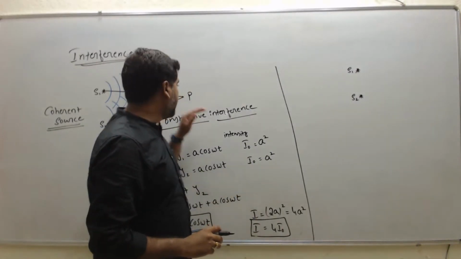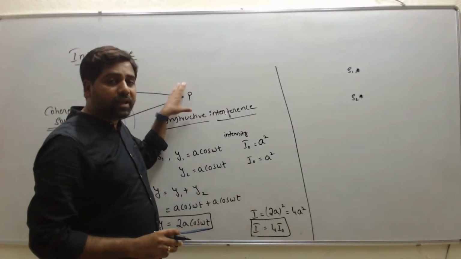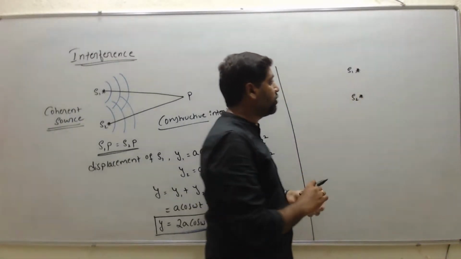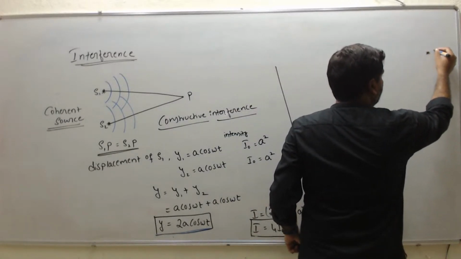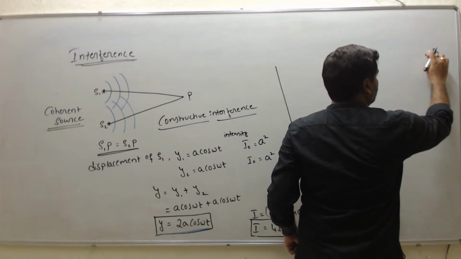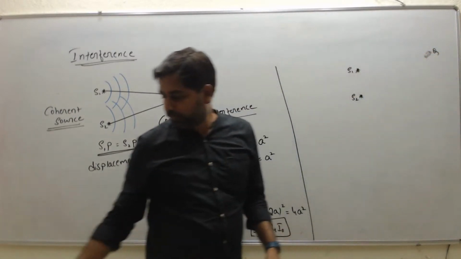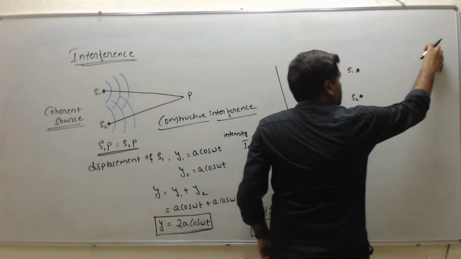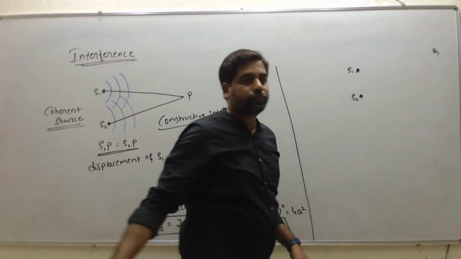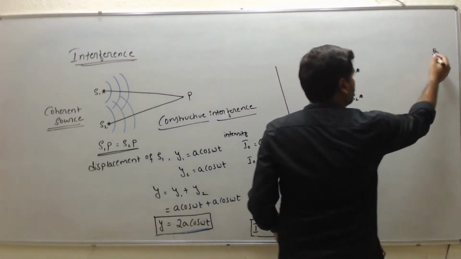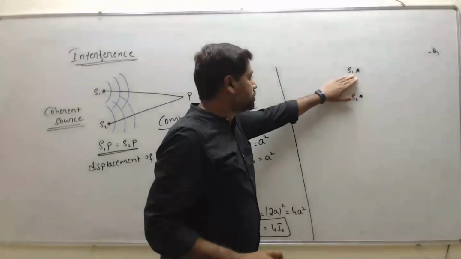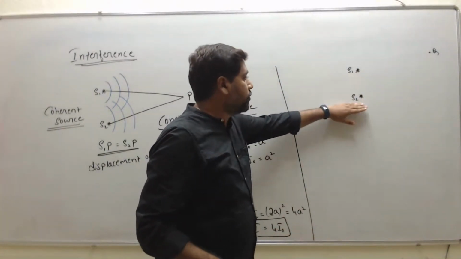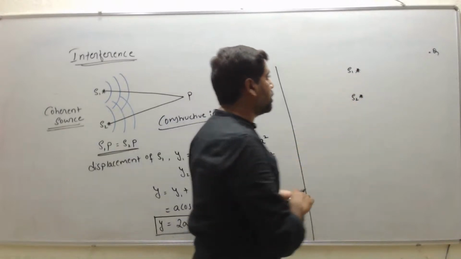Here we considered the point P somewhere in the medium, and also one more point somewhere here, that is Q. From source S1 the waves are emitting, and from source S2 the waves are emitting.